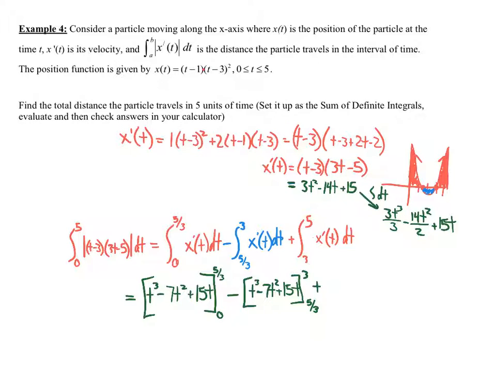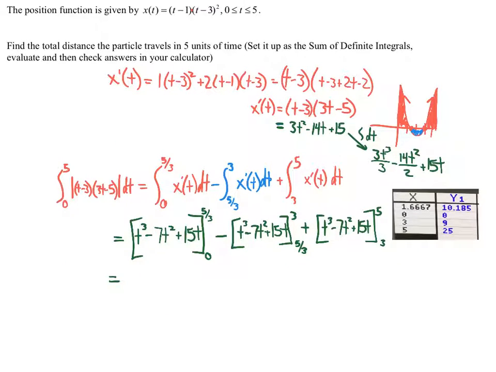And then I've got to add in that evaluated from 3 to 5. Okay? Now it's just a matter of a bunch of algebra. So let's go ahead and figure those out.